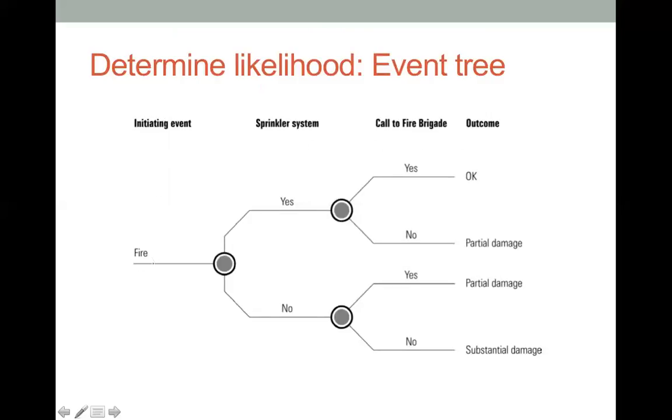Fire: what's the likelihood? Yes and no. The fire happens at our venue. There are two possibilities here, and from each of them we can split again into yes and no, and we measure likelihood from there.